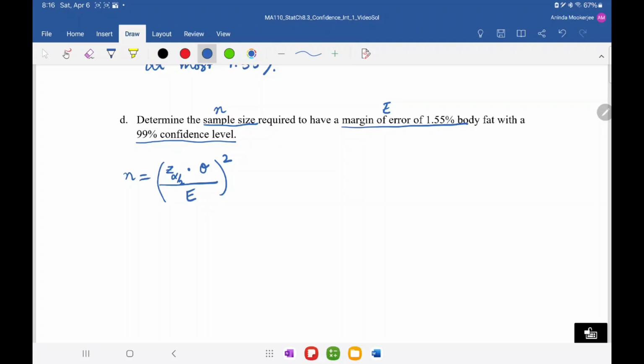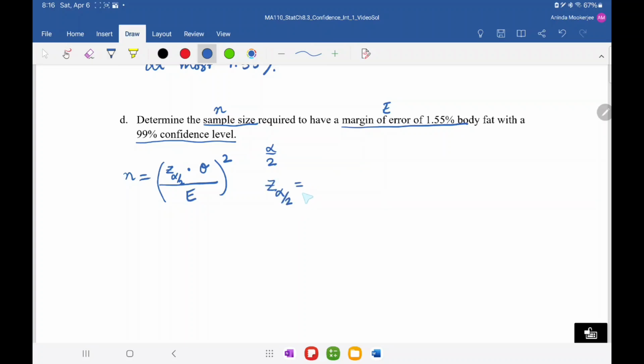So let's see what values we need to plug into these different variables to come up with a solution for n. First of all, we need to know what alpha by 2 is. Correct? It's going to be a different alpha by 2 because we are using a different confidence interval this time. Okay? So once we find alpha by 2, we will need to find the corresponding z of alpha by 2.